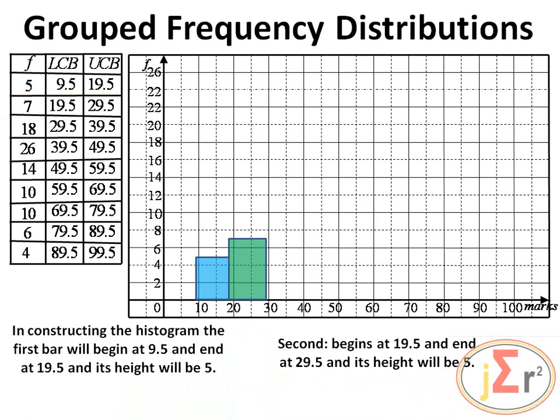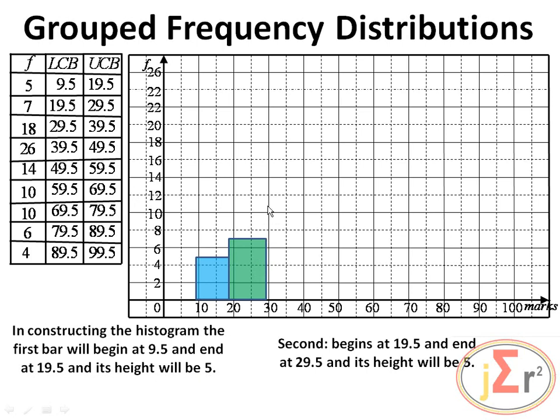Now we move merrily to the other one that ends at 39.5. So it begins at 29.5, where the current one ends, begins exactly where it ends, and it will end at 39.5, and the height of it is 18.